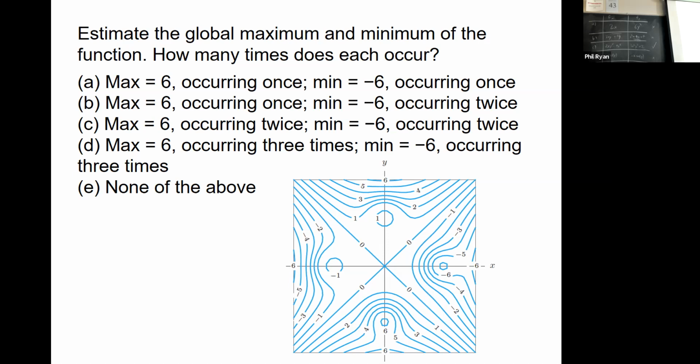So again, what does this landscape look like? Up here, we've got a hill going up, we've got a hill going up here, and now we've got a slope going down, a slope going down. So it's a saddle point. So it kind of looks like that sort of situation.